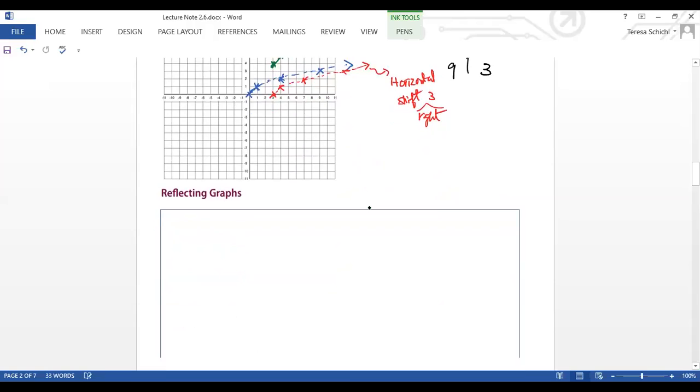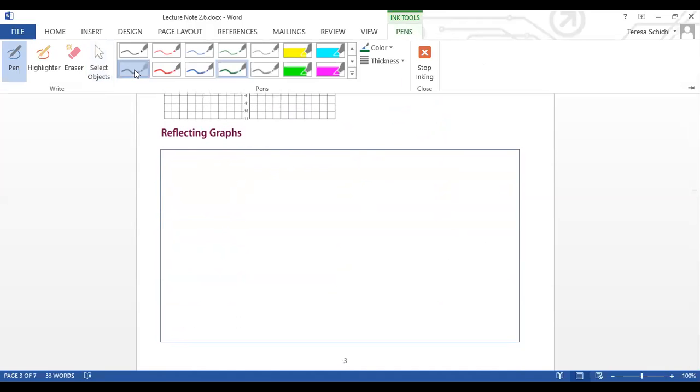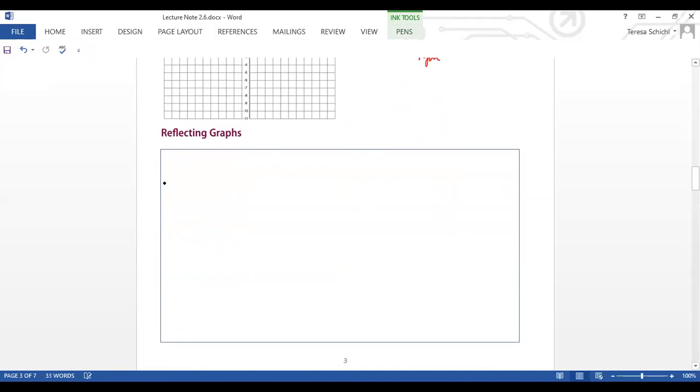Okay, so now let's take a look at reflecting the graphs. How about if you have a negative sign in front of it? That means the y is going to switch, right?